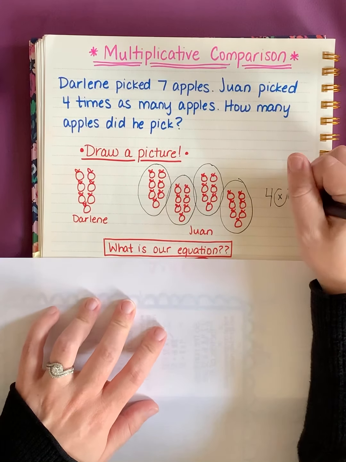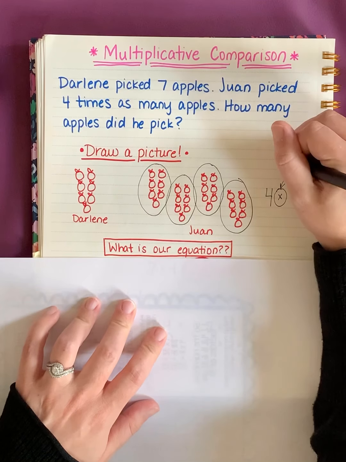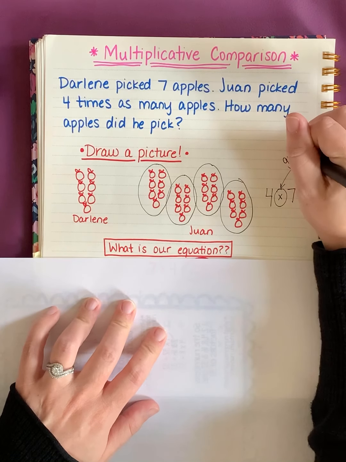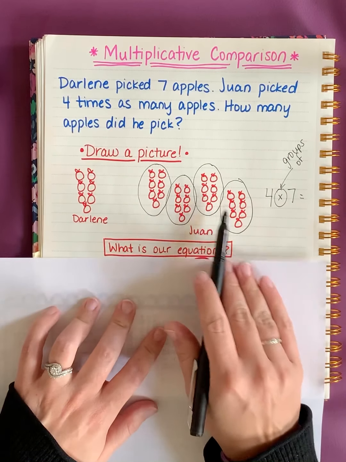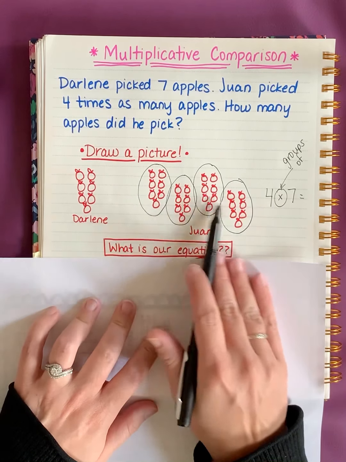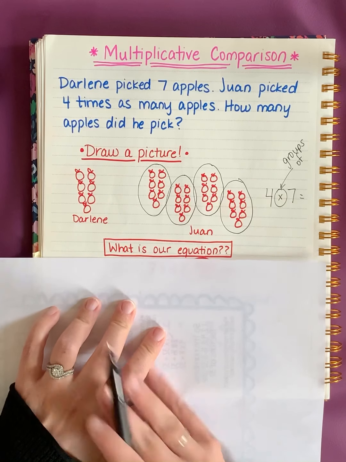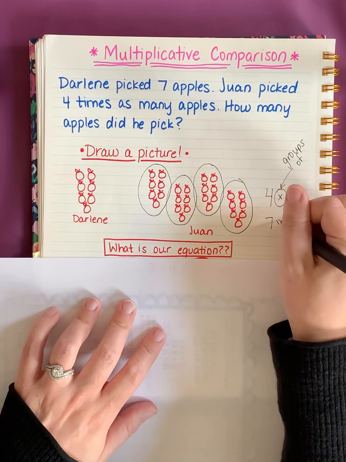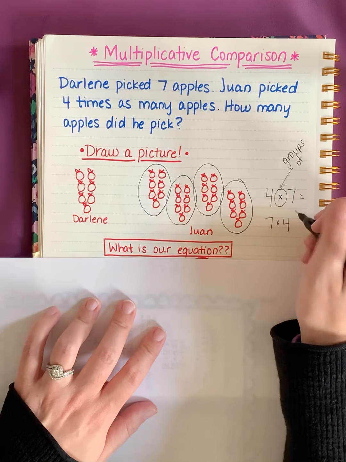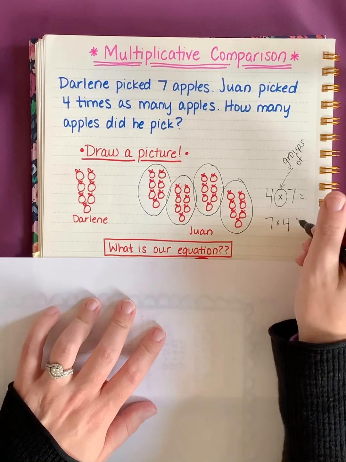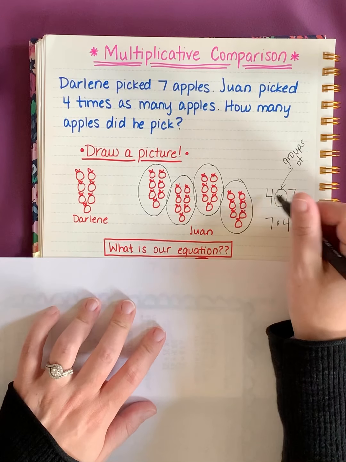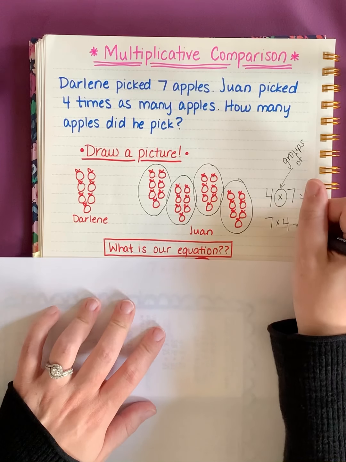Okay, because this multiplication sign right here is basically just a sign that means groups of. There are 4 groups of 7 apples. Okay, now if you write it 7 times 4, it's the same thing, it's just the wording is a little different, but for multiplication, if you switch the numbers, you're going to get the same answer either way.